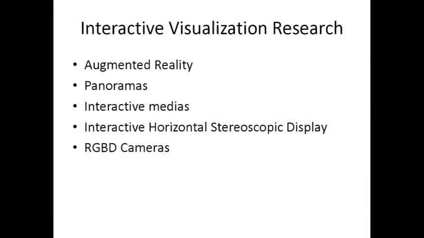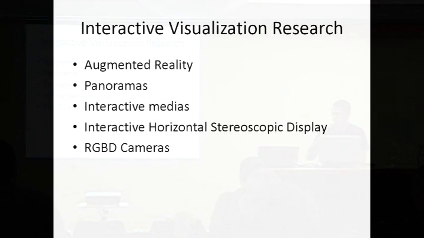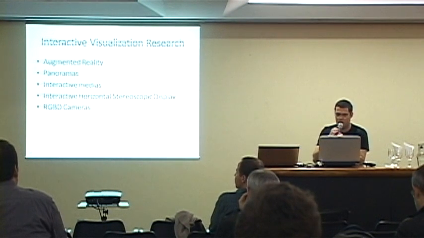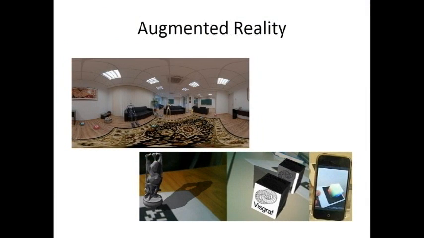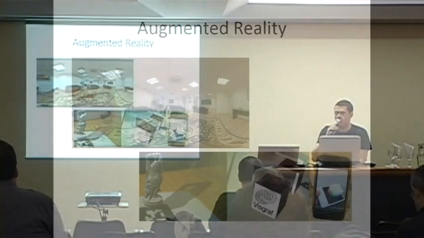About interactive visualization research, some themes are developed in our lab. I will talk about some of them. About augmented reality, we can cite research using mobile and mixes of real and virtual objects.